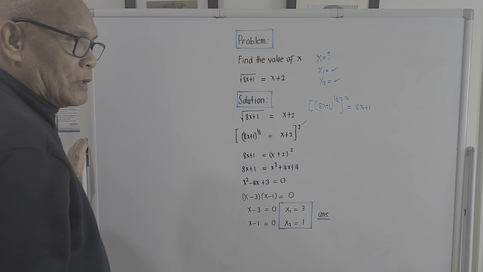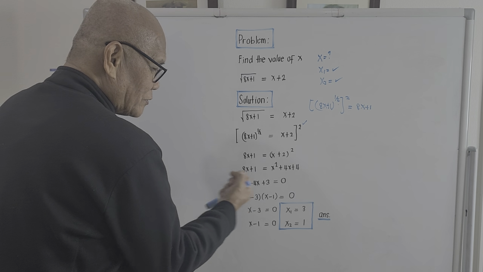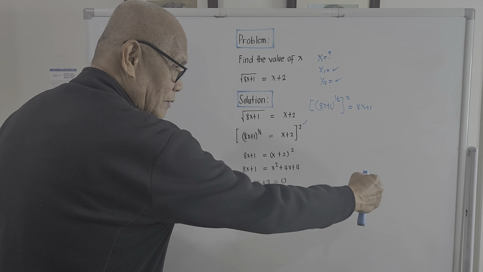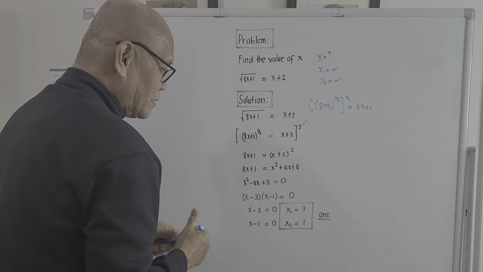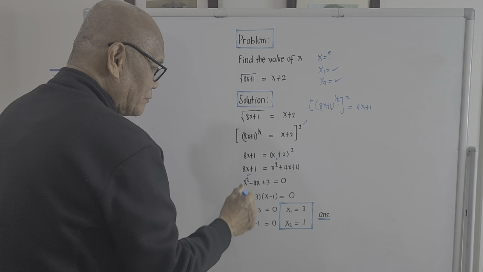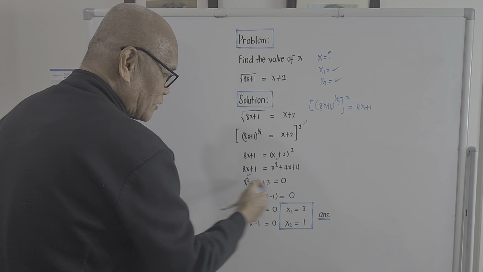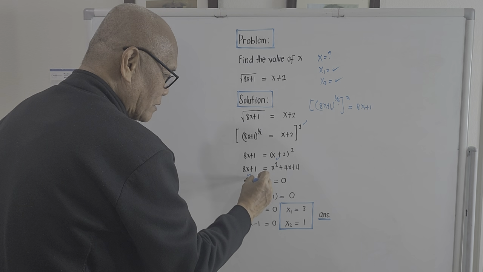Then we transpose 8x and plus 1 to the right. Then we'll try to rearrange. So x squared will still be x squared. 4x minus 8x, after the transposition, will be negative 4x.